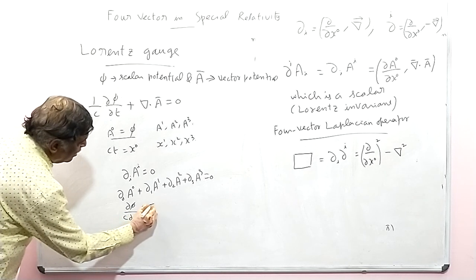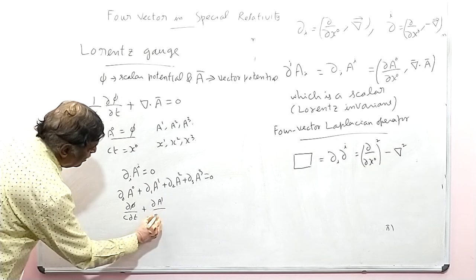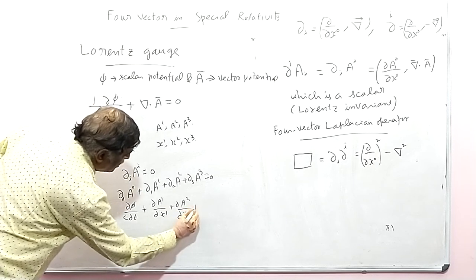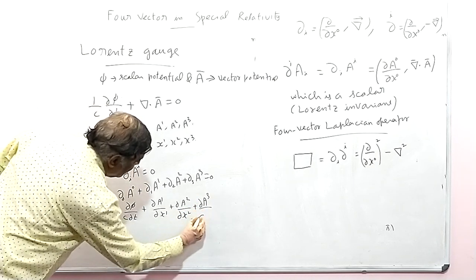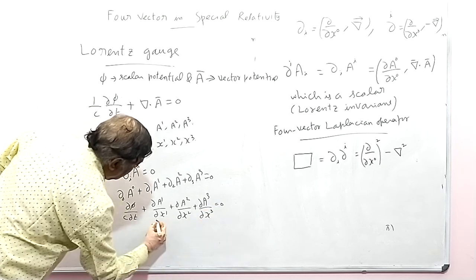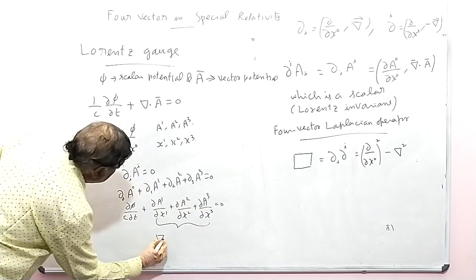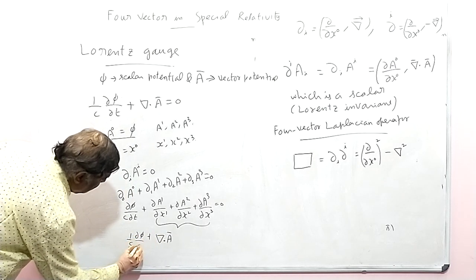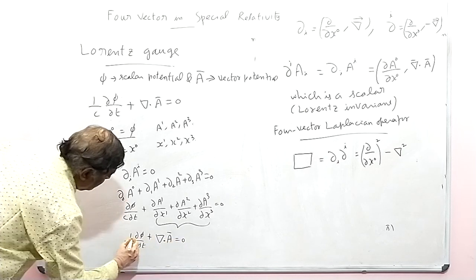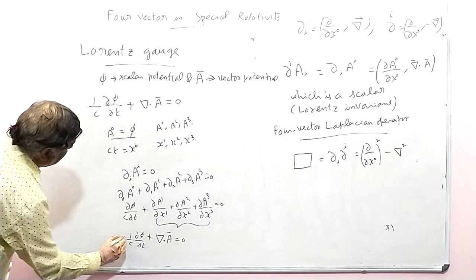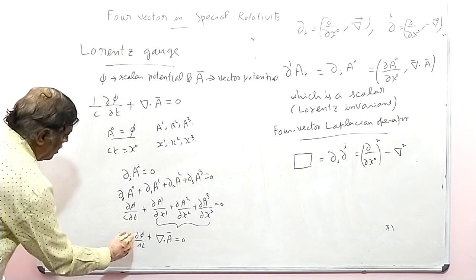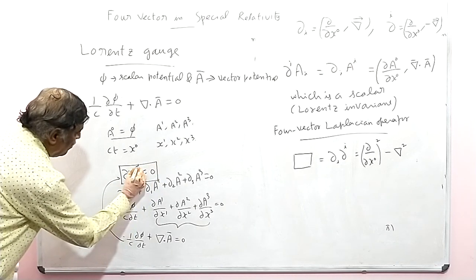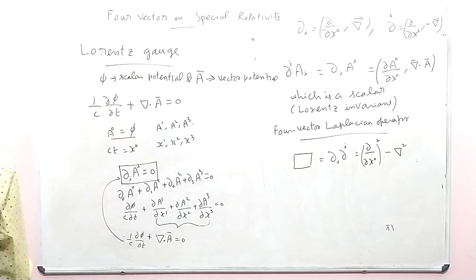This one is dA1 by dx1 plus dA2 by dx2 plus dA3 by dx3, which is your divergence, div A. So the equation is 1 by c d phi by dt plus div A equal to 0. This is a most elegant form of writing the Lorentz gauge.